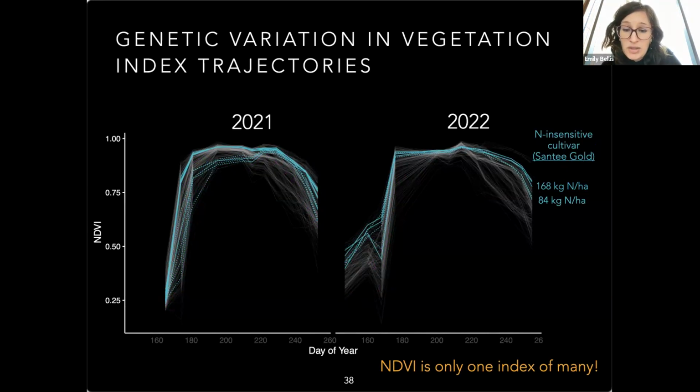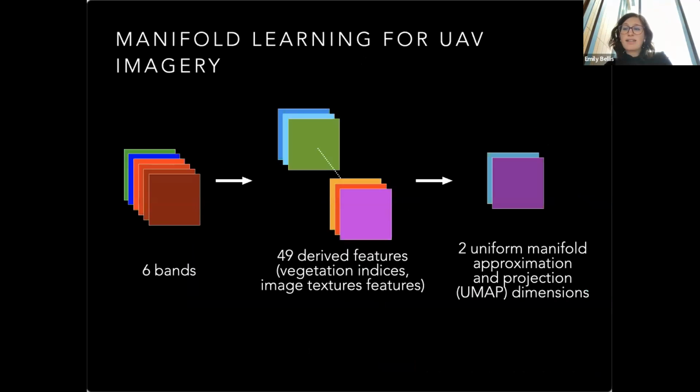But this is really just one index of many. So our question is, if we can capture many different indices or many different channels, can this help us in capturing trajectories or stress response trajectories?